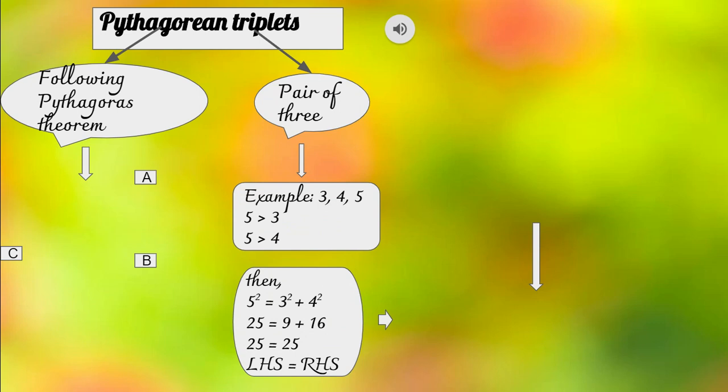Now, let me tell you how it is related to the Pythagoras theorem. Let's quickly recap the Pythagoras theorem. The Pythagoras theorem holds true only for right-angled triangles, isn't it? So, if you have a right-angled triangle ABC, where AB is the perpendicular, BC is the base on which the perpendicular is drawn, and AC is the hypotenuse.